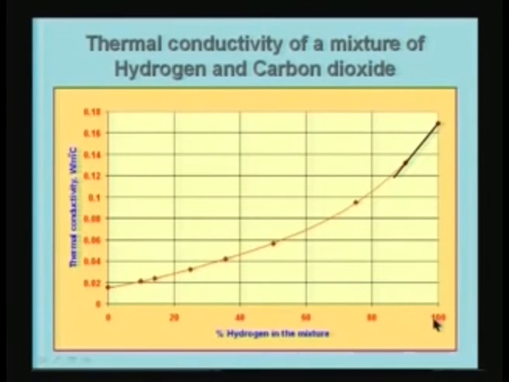And if I go to 100% hydrogen, you see that it is 0.17 or 165 or something like that. So, if I draw a curve through all this data which is available, you see that very close to 100% hydrogen, that means that I have a small percentage of carbon dioxide in the mixture, it is more or less linear.